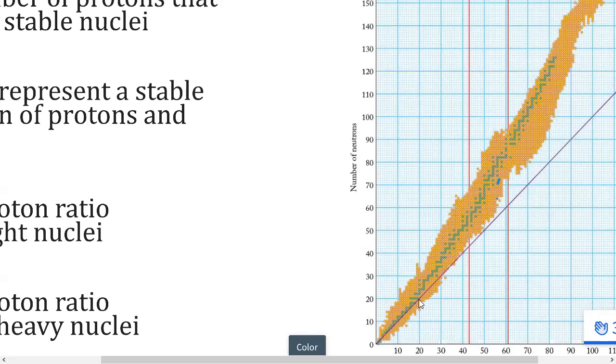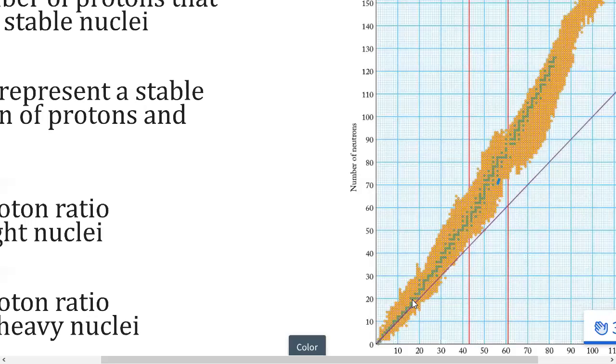To help us see this, that's the purpose of this purple line in the graph. It represents a 1-to-1 ratio of protons and neutrons. And we can see that for these light elements, going up to about calcium, most of them fall on that line or just a little bit above it. And if we look at the molar masses of those elements, we see that.